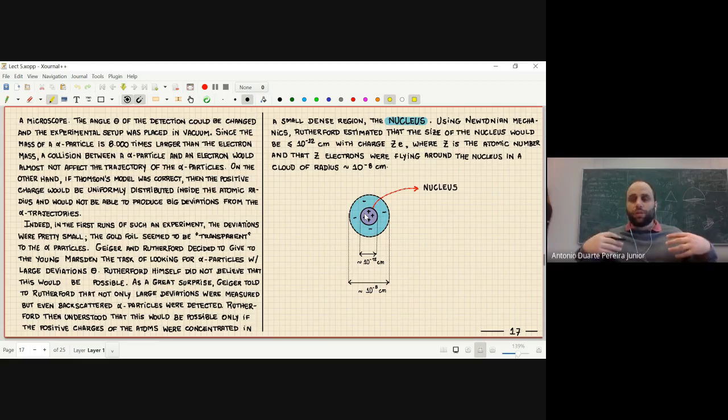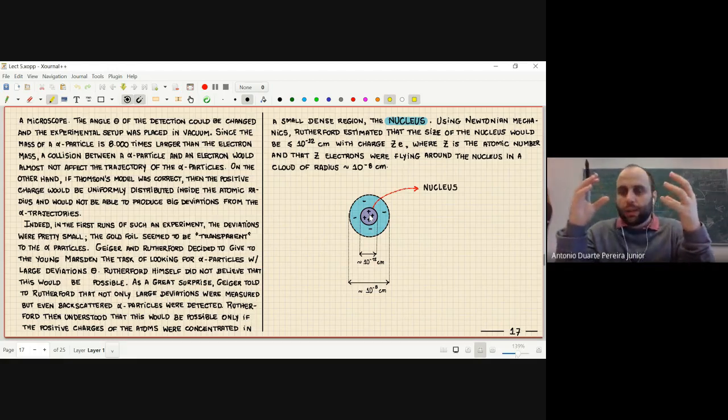But if an electron emits radiation, then it loses energy. And if the electron starts to lose energy, it will start getting closer to the nucleus and closer. And at some point, the electron will just fall into the nucleus, and you're going to collapse the atom because you're going to collapse positive and negative charges.